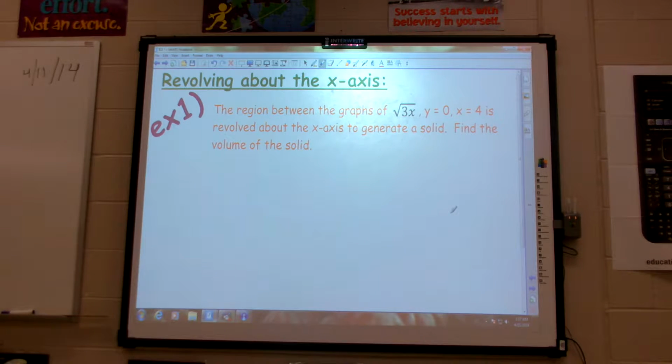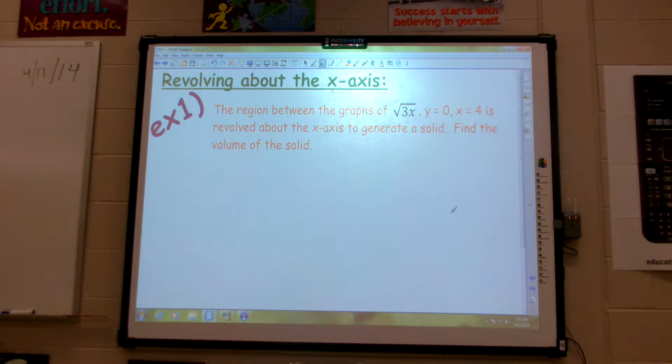Okay, here we go. Today we're going to focus on revolving around the x-axis. So this first one, we're revolving around the x-axis. Why am I thinking this was an error last year? I don't know. We'll find out as we get into it. I wonder if that was supposed to be square root of 3 times x or square root of 3x. For some reason it's popping out in my brain like something's wrong with this.